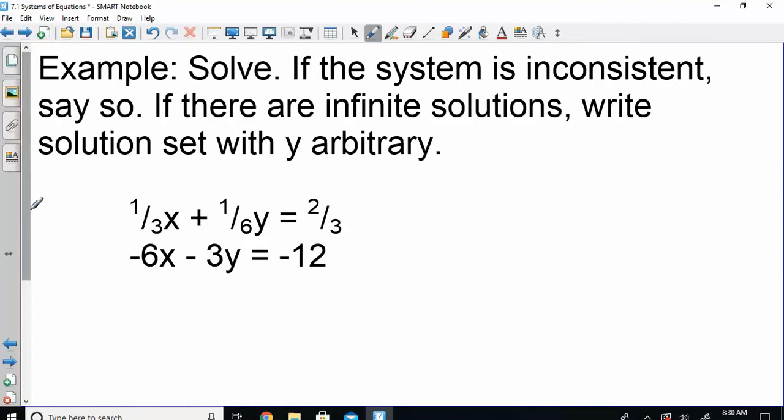Let's look at this one. If I wanted to eliminate my x, what would you have to multiply by?